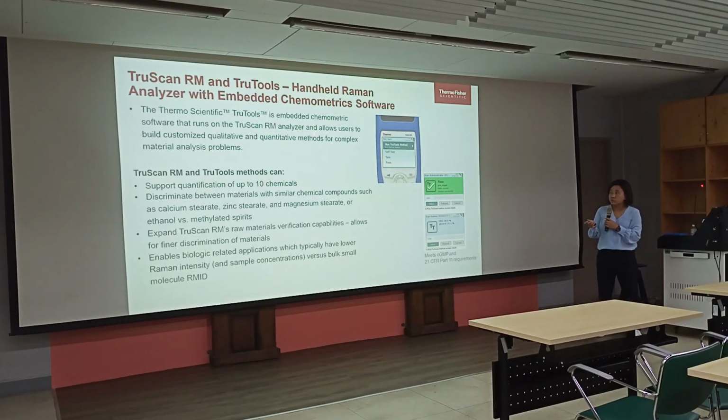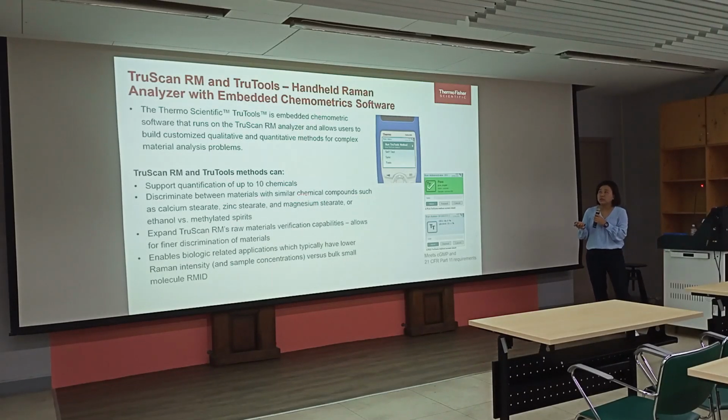But with the TruTools, with this chemometric software, we are able to perform quantitative analysis. Now we can quantify how many percent of this raw material, how pure is this material, and we can also discriminate materials which are very similar, for example calcium stearate, zinc stearate, and magnesium stearate.